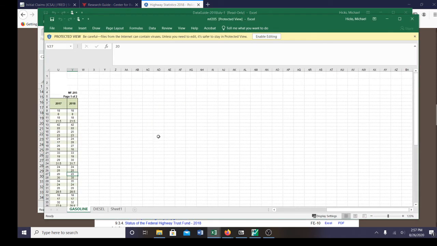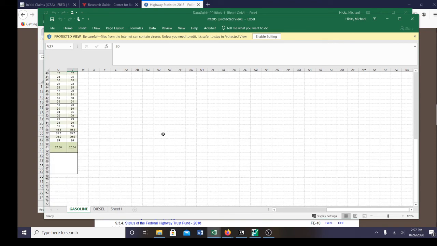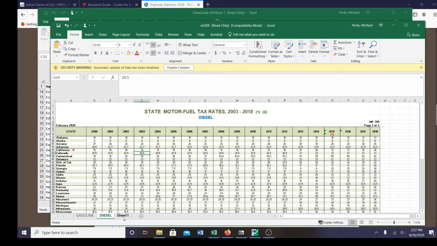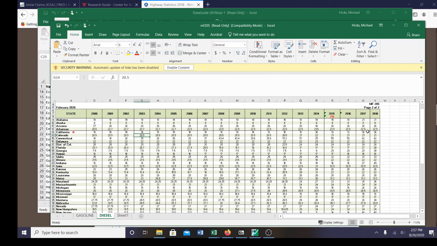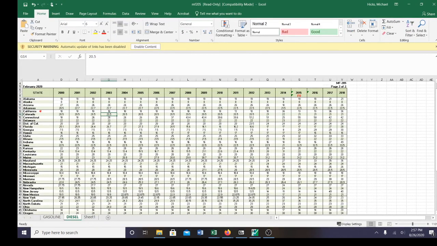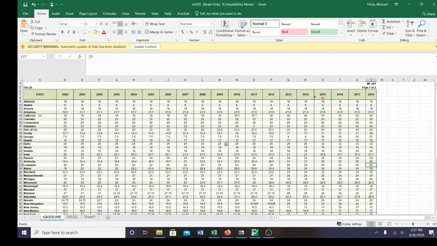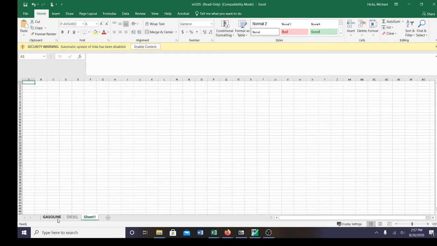And then immediately you get, these are state taxes on average, not individual taxes, and then diesel, and then here's the state motor fuel. Sorry, this is the gasoline tax for each state, diesel fuel, and then nothing.